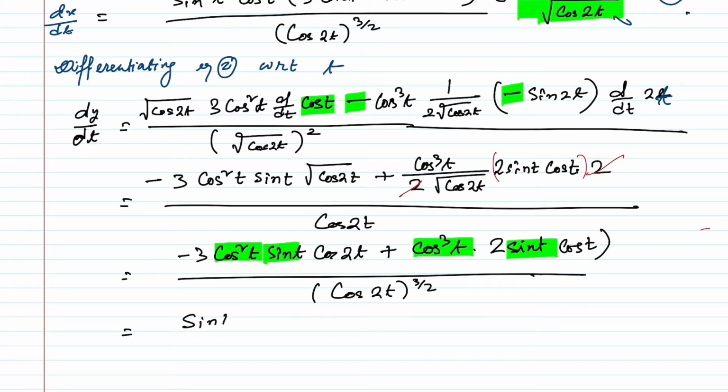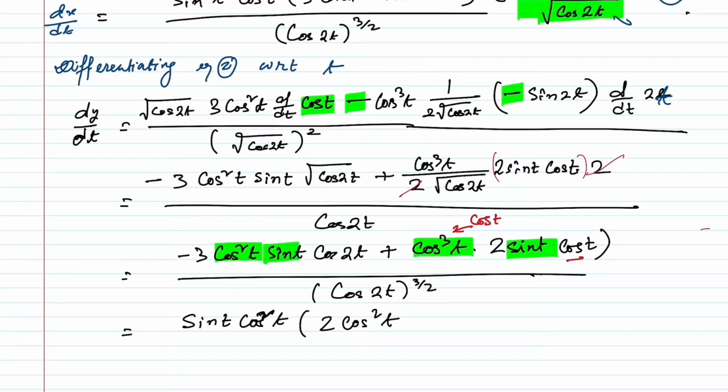After taking this common, we will get 2 cos square t, because from here we get cos t after taking cos square t common, and here is also cos t, so it will be cos square t.